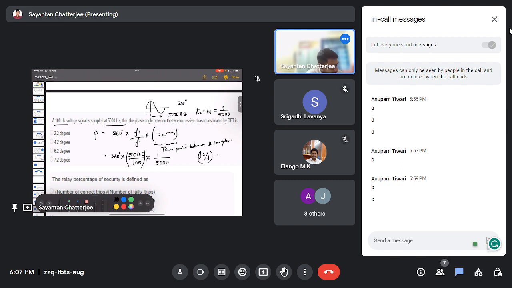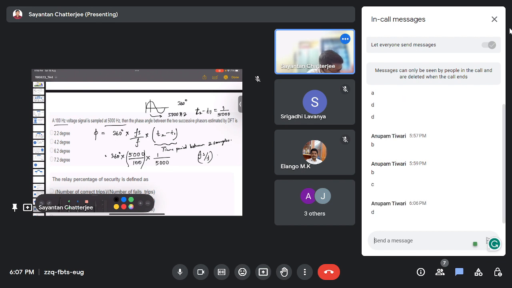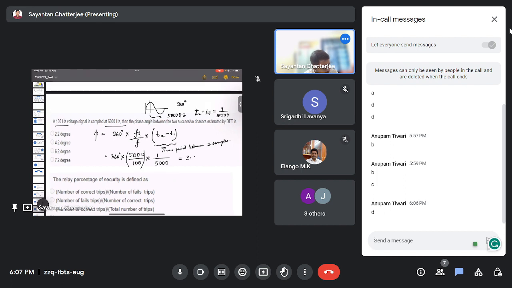I don't have the solution, but this is the formula: sampling frequency by frequency of operation into the time of sampling between two samples.